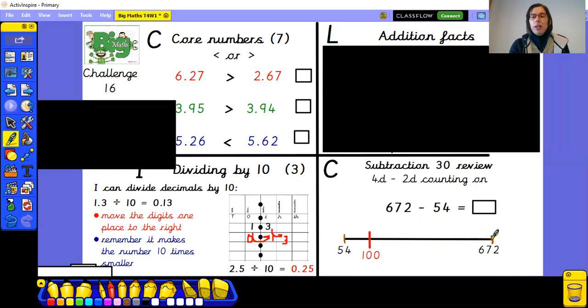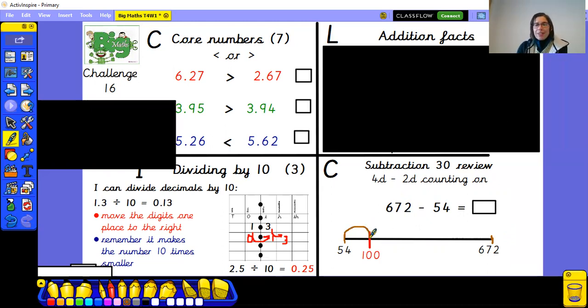And we want to find the difference between these two numbers, because when we subtract, it's like finding the difference between the two numbers. So I'm going to use my number bond knowledge. So I'm going to have a step between 54 to 100.